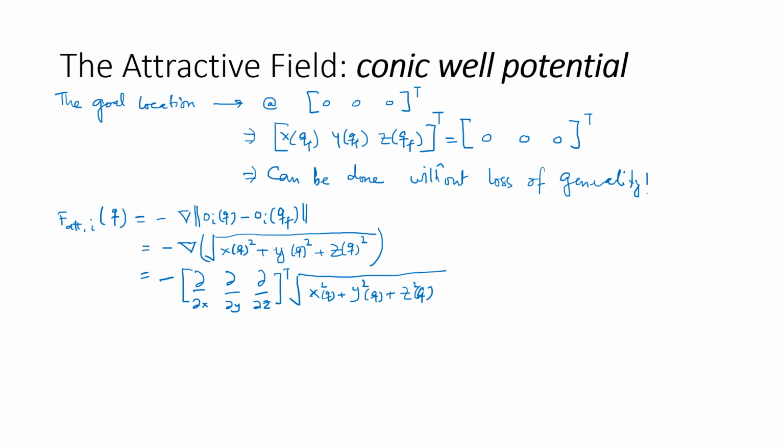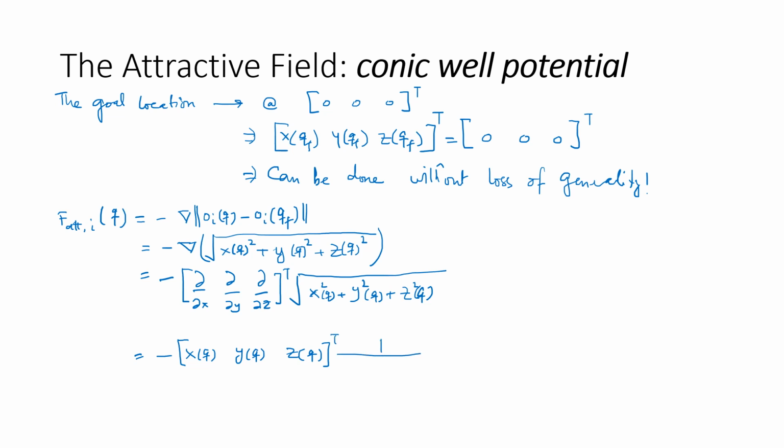Now with this realization, when you take the partial derivatives, it can simply be obviously x of q. So I have this vector which is going to have x, y at q, and z at q, obviously transposed because the partial derivative vector was also transposed.